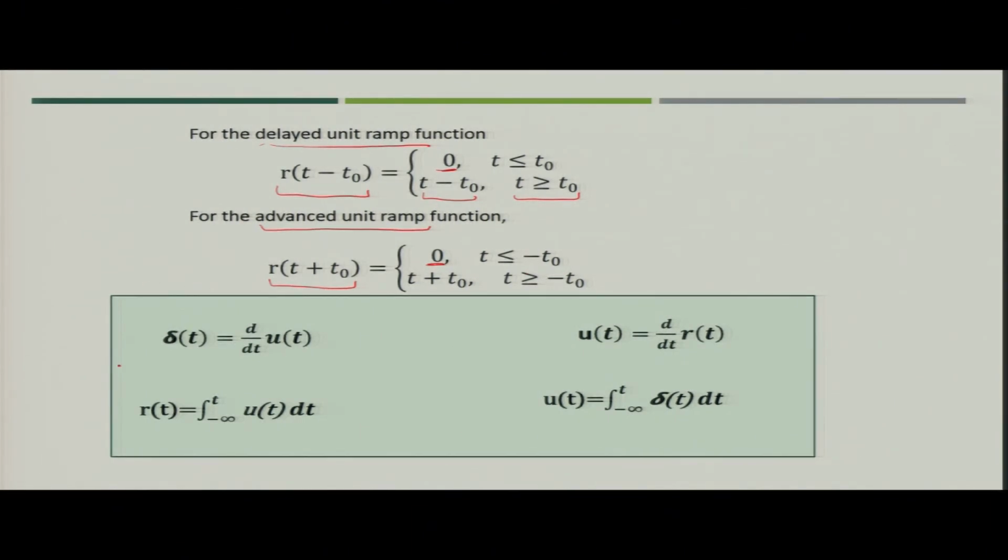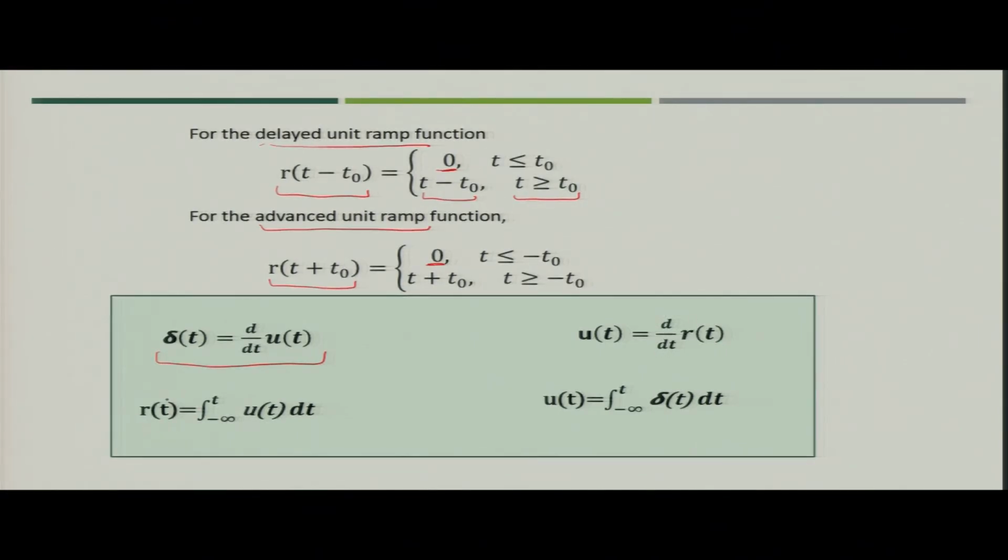Now you can summarize that the unit impulse delta(t) is nothing but the derivative of the unit step function, and the unit step function is the derivative of the unit ramp function.